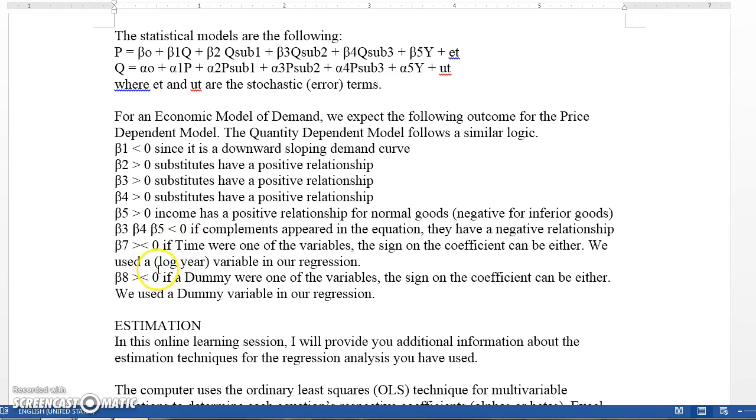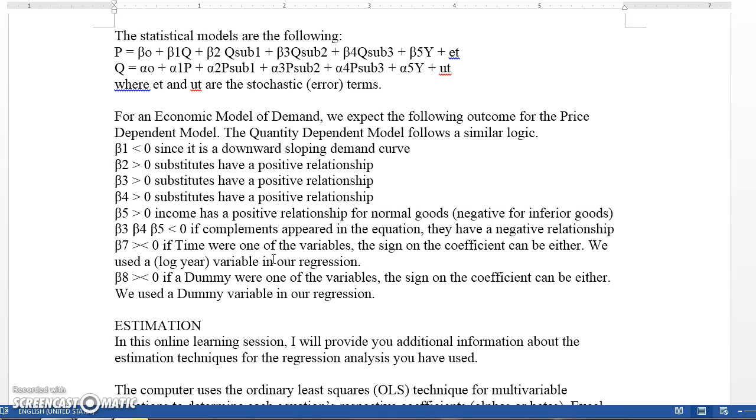In our regression, we also included another variable, which is your log year variable. That explains how the change of time would affect consumers' acceptability of your major commodity. For example, will the change of lifestyle affect consumers' acceptability of your major product?